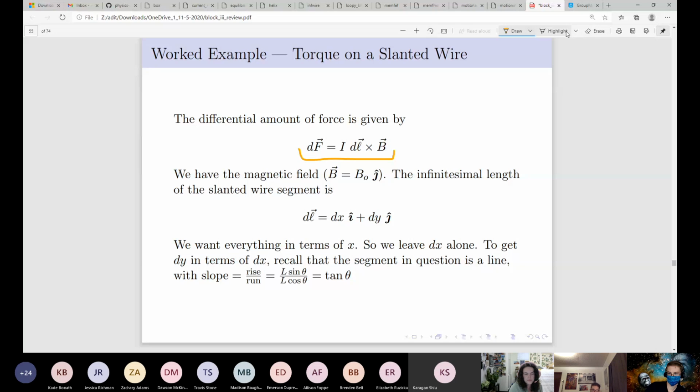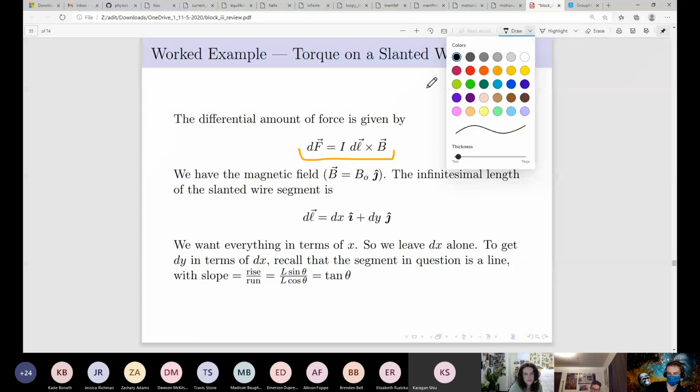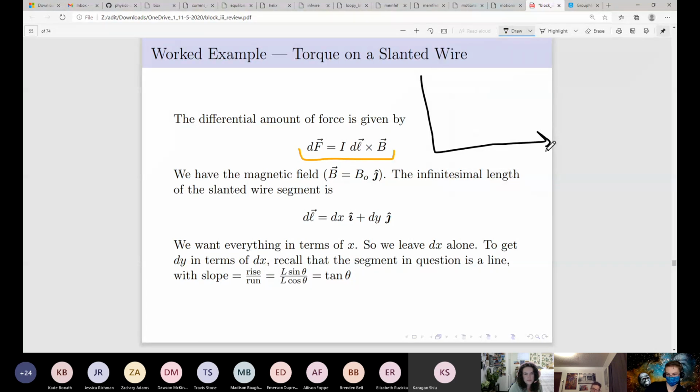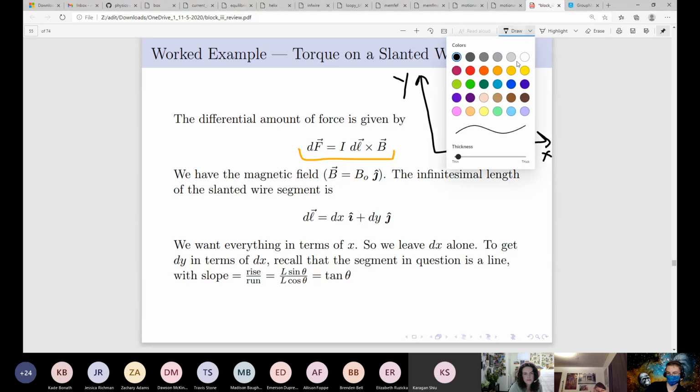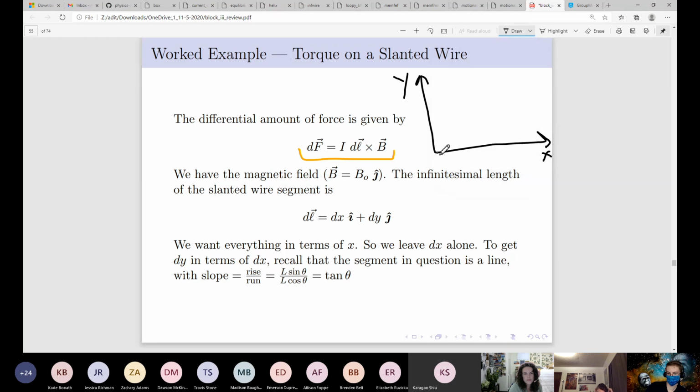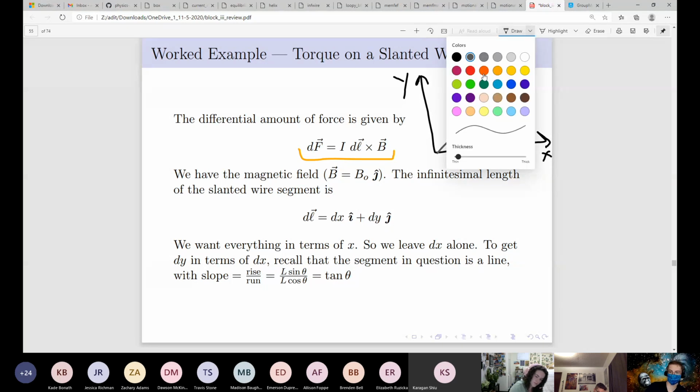If I draw my setup one more time, I have the x-axis here and then the y-axis. And my wire is just pointing along there, at some angle theta. But regardless, dL describes some infinitesimal displacement along this current carrying wire.